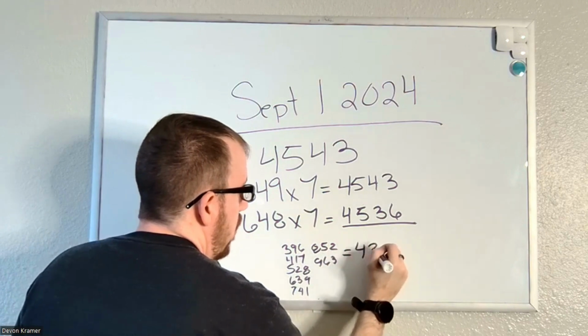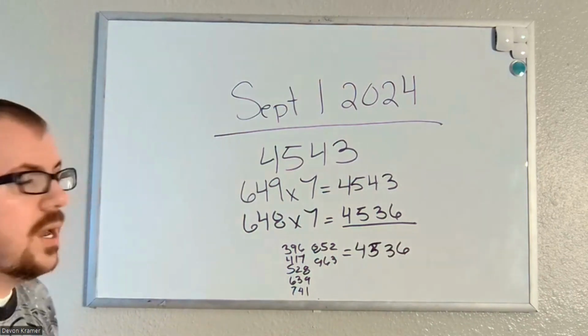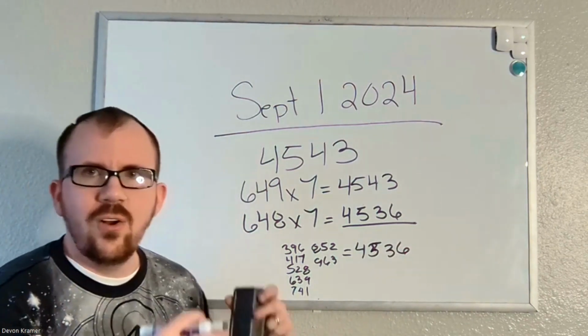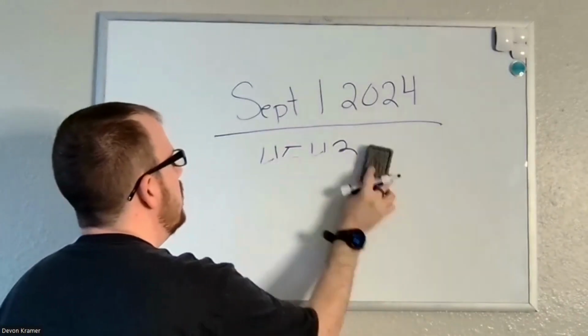That is 4,536. Okay? It is awesome, and it all perfectly aligns. All right? So now you have an understanding.